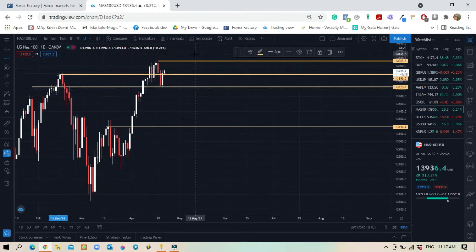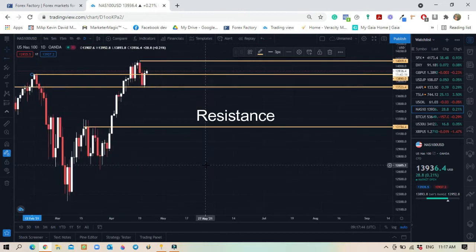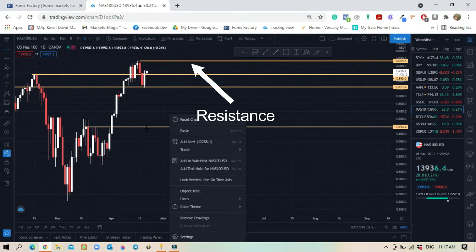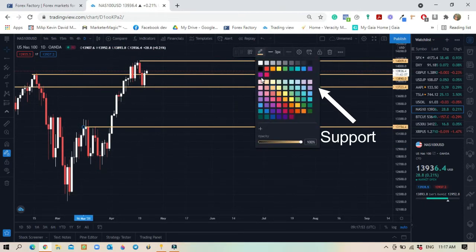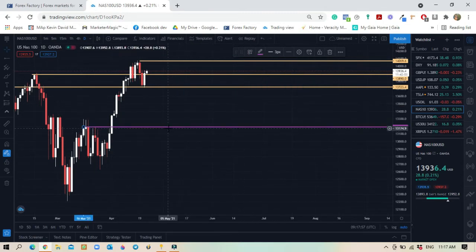So I want you to now make sure that you have support and resistance. I'm going to change the colors for you so you can actually understand what I'm talking about. So we have here, let's make it blue. Blue will be support.